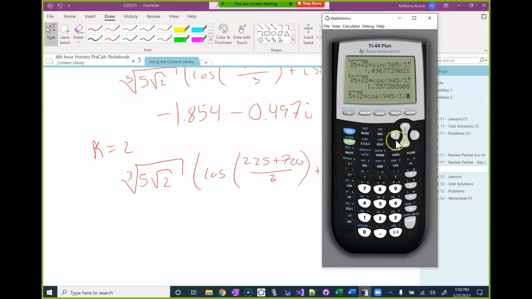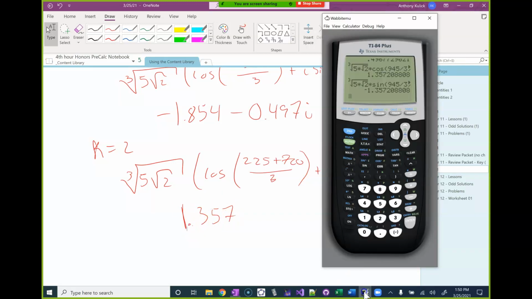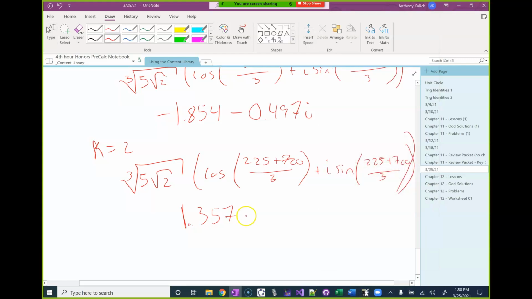So there's 1357. I can't remember positives, negatives. So those are the three results.